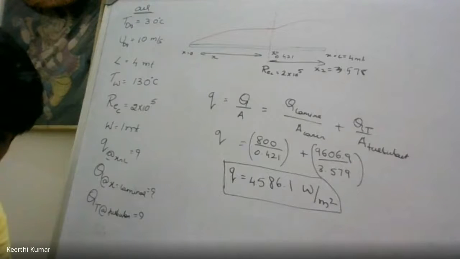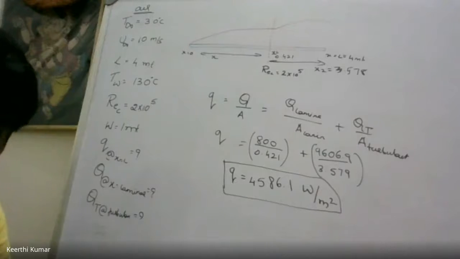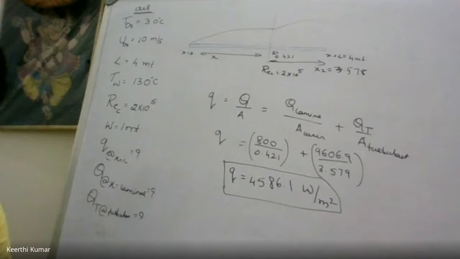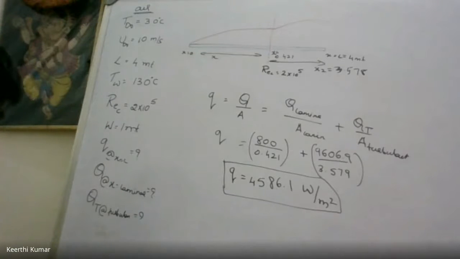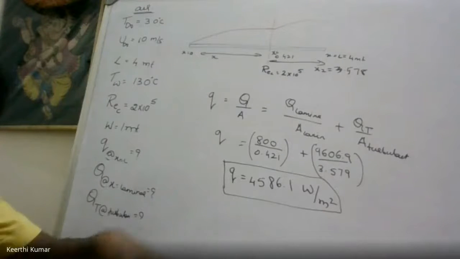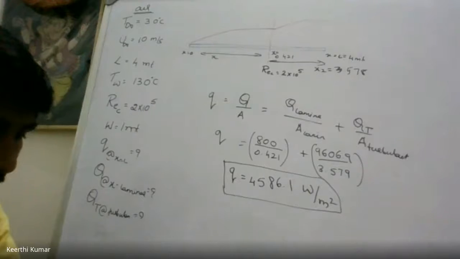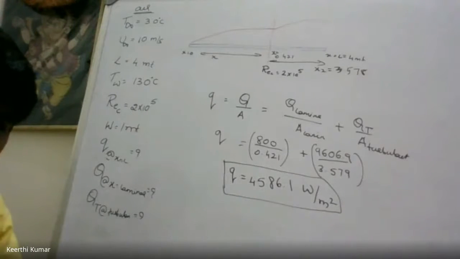Those two we got from the data handbook only, but it is there indirectly. We have to take that out. Anybody having doubts?